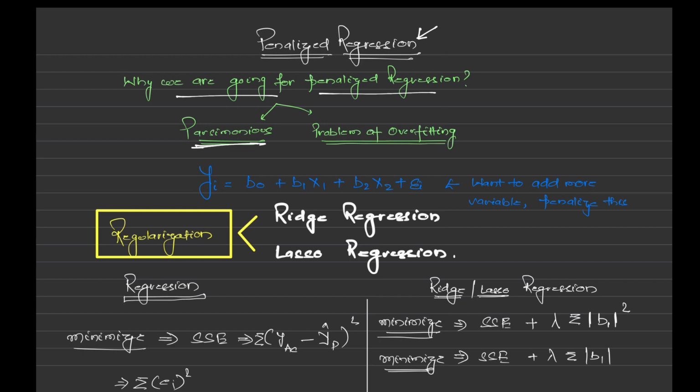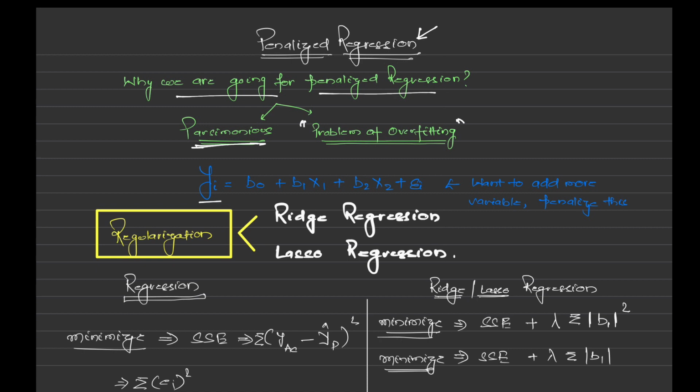We don't want to increase the number of features for a very small increase in the explanatory power or R square of the model, because if you keep on increasing the number of variables, most of the time that will lead to the problem of overfitting. We discussed already in detail what the problem of overfitting is.